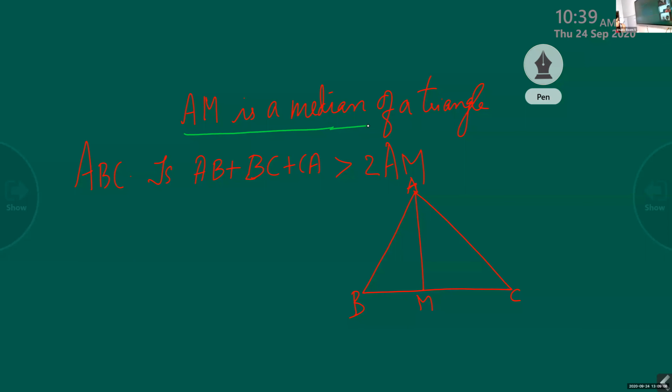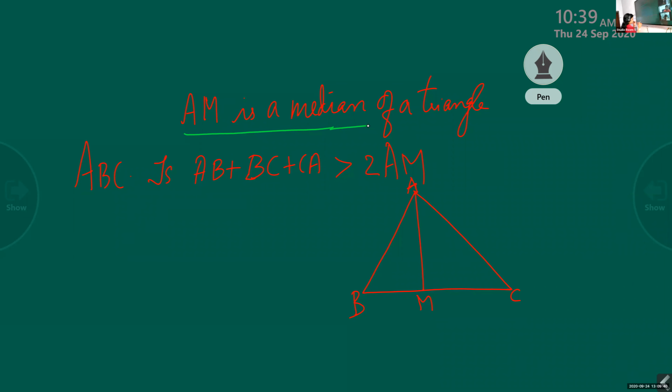That is altitude, what you say. Median is not at 90 degrees, but some other peculiarity it has. What is it? Ma'am, a line segment that joins the midpoint. Okay, not like that. A line segment which joins the vertex to the opposite side of the triangle. It divides the opposite side into two equal parts.